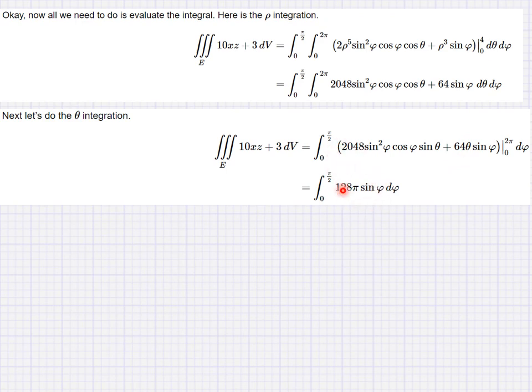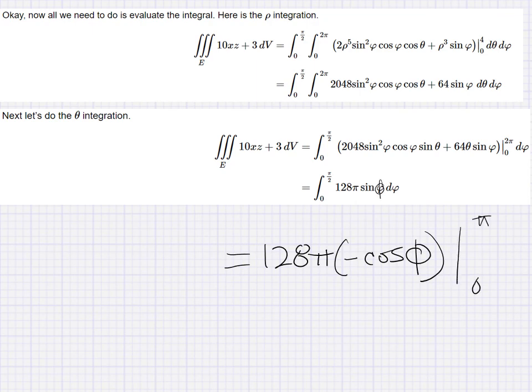So then we integrate that with respect to phi. We get 128 pi times the integral of sine phi with respect to phi, which would be negative cosine of phi, between 0 and pi halves.